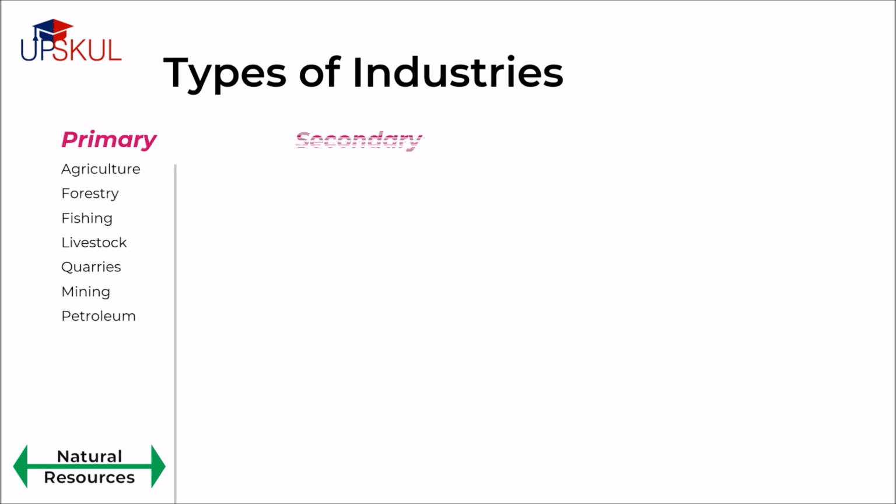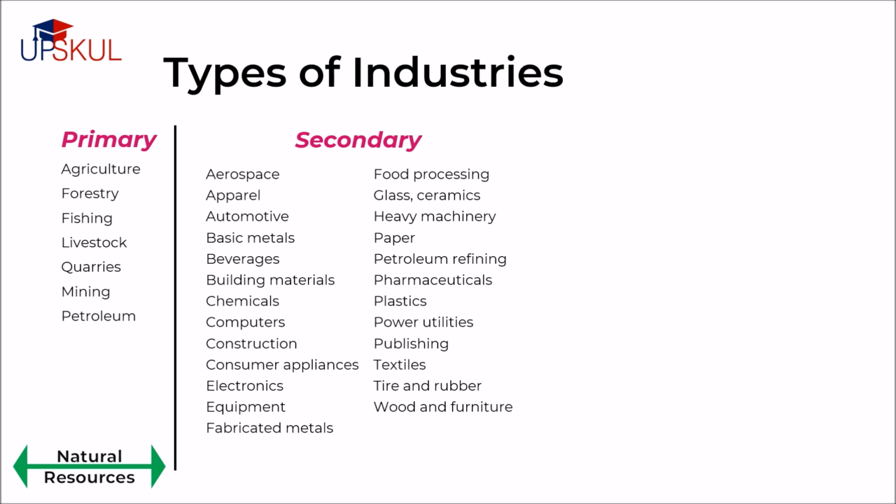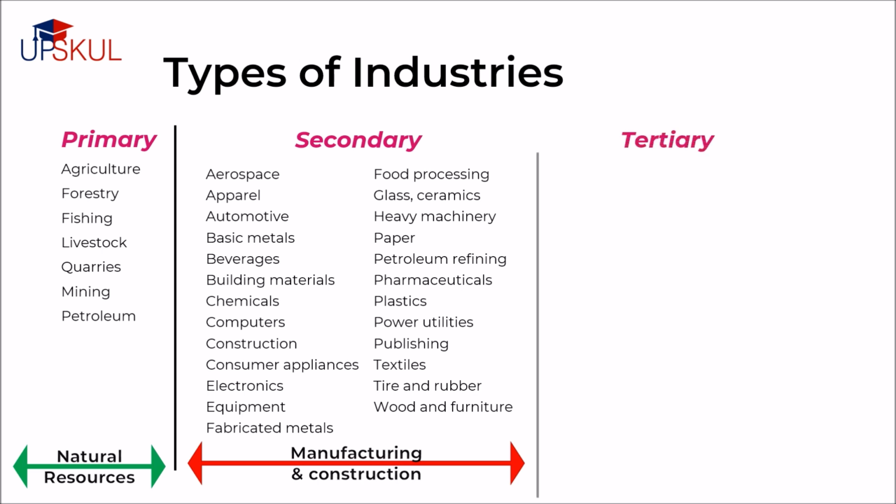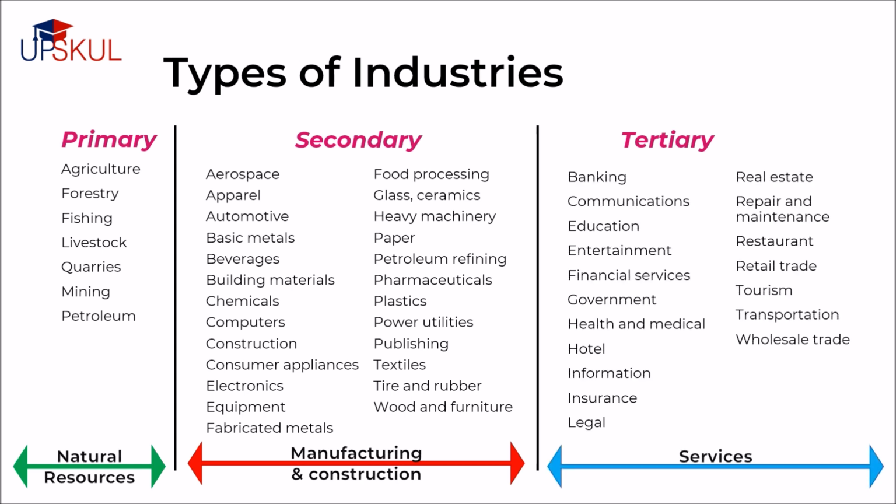Secondary industries take the outputs of primary industries and convert them into consumer and capital goods. Manufacturing is the principal activity in these categories, but construction and power utilities are also included. Tertiary industries constitute the service sector of the economy. Here is a list of specific industries in these categories.